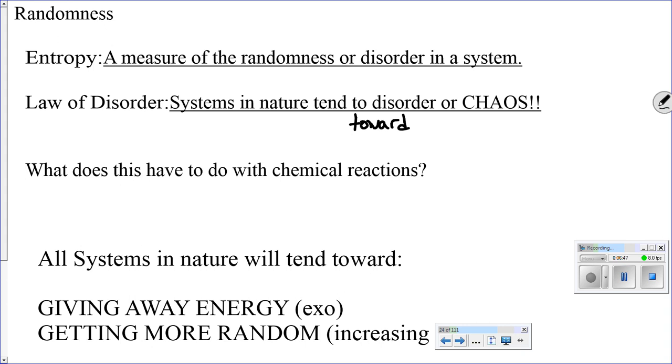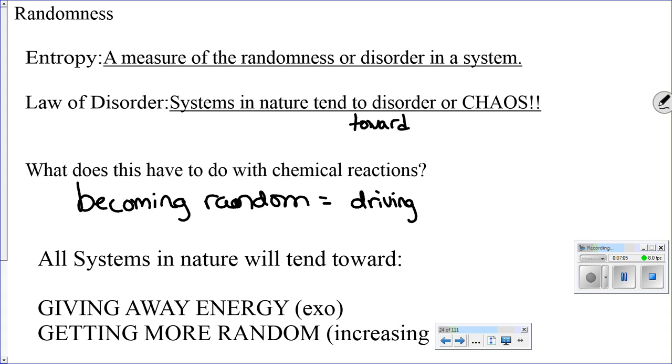The law of disorder has to do with chemical reactions: things in nature and chemical systems as well want to become more random. So becoming random is something we call a driving force. So here's a great example: forming a gas.